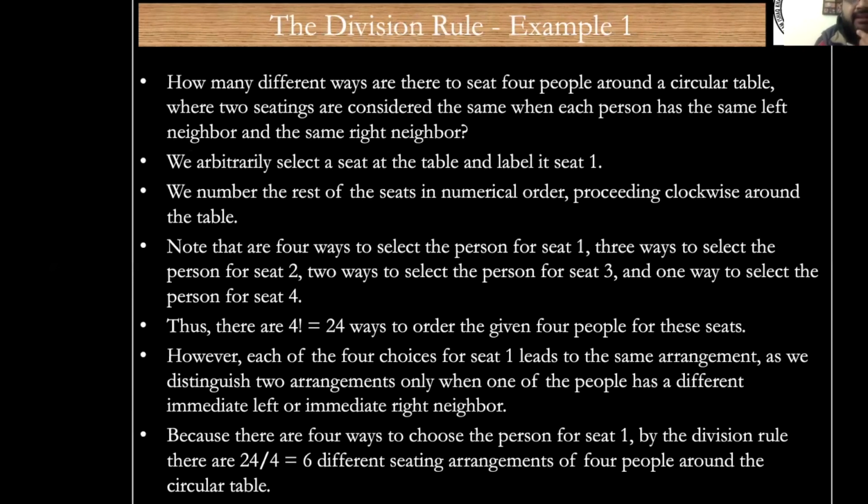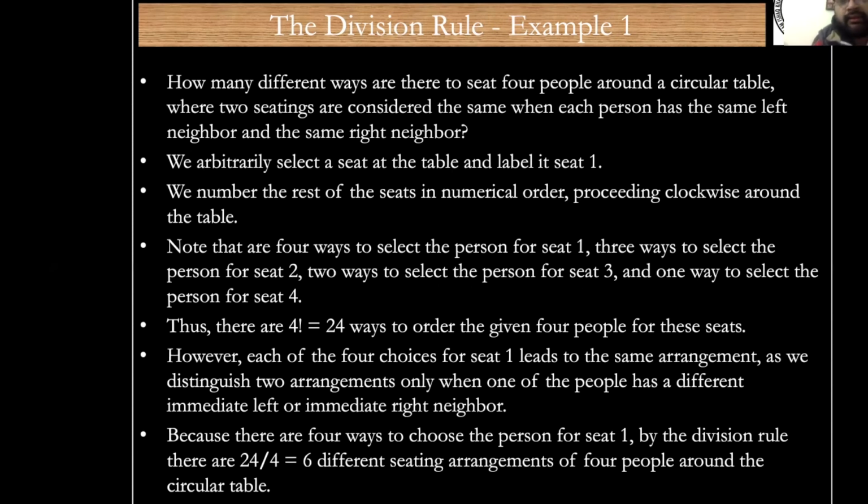How many different ways are there to seat 4 people around a circular table where 2 seatings are considered the same when each person has the same left neighbor and the same right neighbor? So the answer is quite simple. Let's call the 4 people P1, P2, P3, P4, and it's a circular table, so you've got the same neighbors.